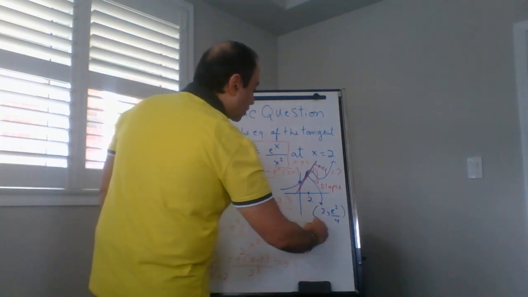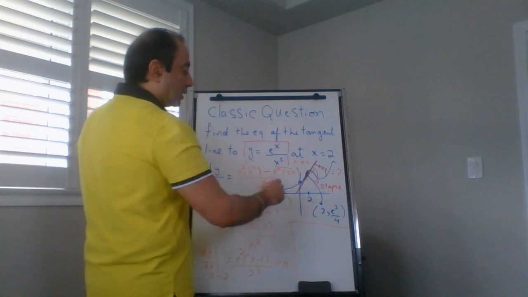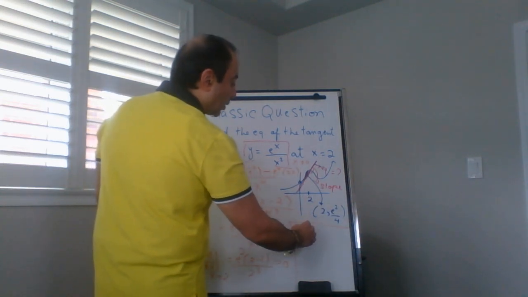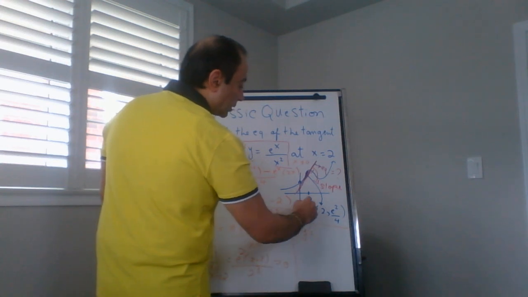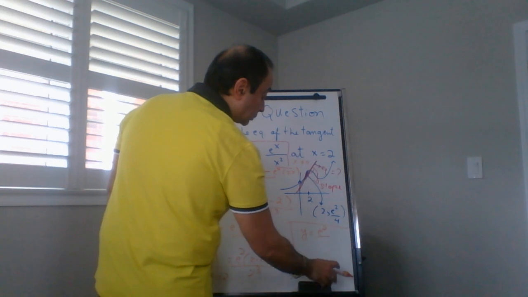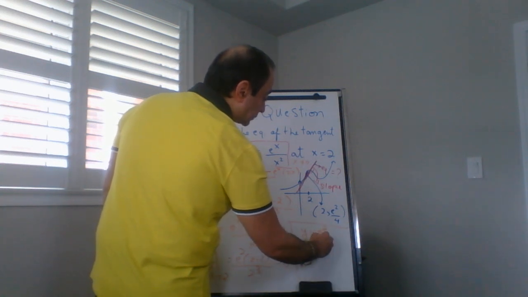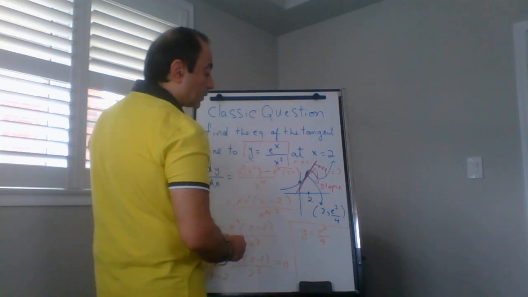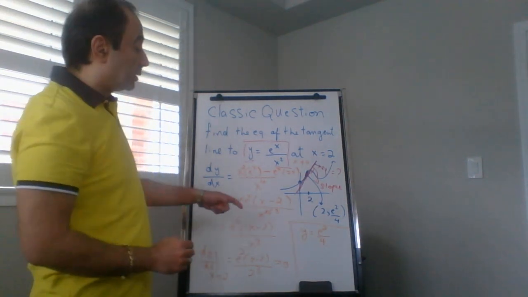So without any trouble we can write the equation using the point, and the slope is 0, so it will be y equal e squared over 4.